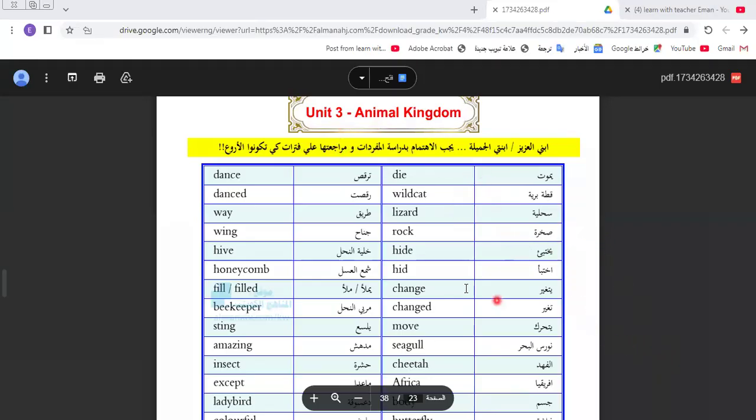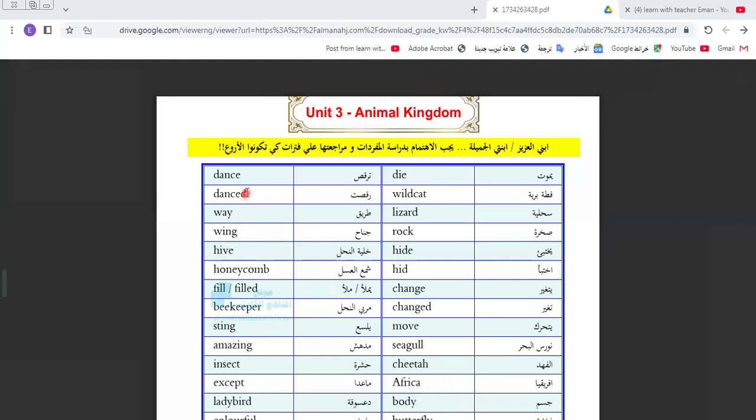Let's remind you with the vocab that we learned during this unit.